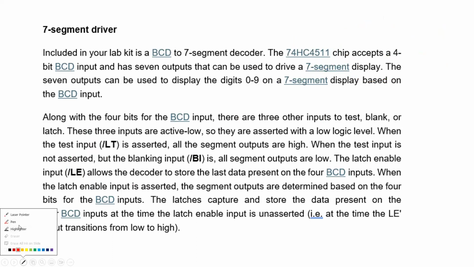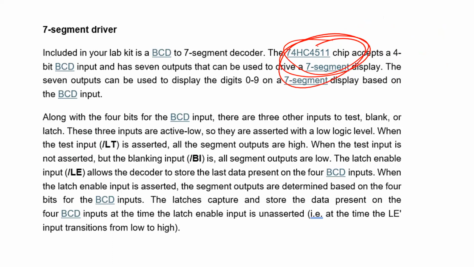Things like this are different from one chip to another. So in the future, if you bring a different chip, you need to read the data sheet to see how it is made. I think it's very clear here: when the latch enable input is asserted, the 7-segment outputs are determined based on the bits of the PCD inputs.